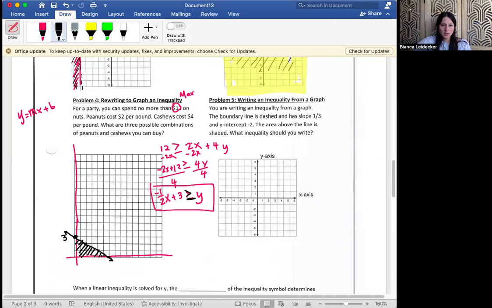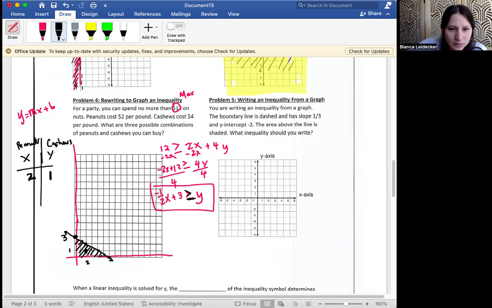So you could pick any combination, like I could pick a point here, and this would be 2, 1, meaning x is 2 and y is 1. And if x represents your peanuts and y represents your cashews, then to spend no more than $12, you can either have 2 pounds of peanuts, 1 pound of cashews.